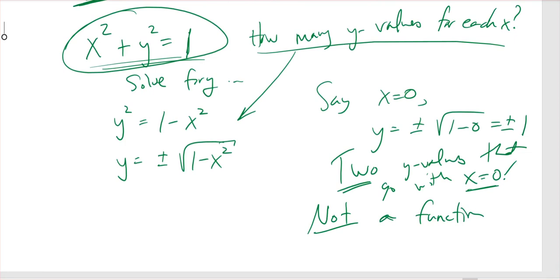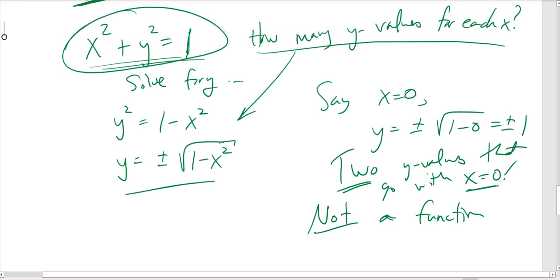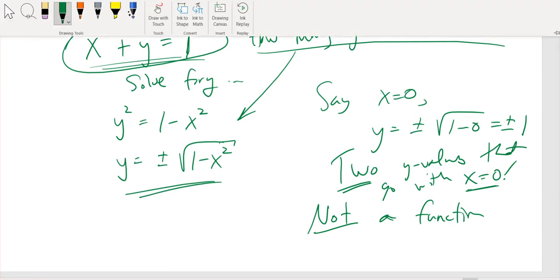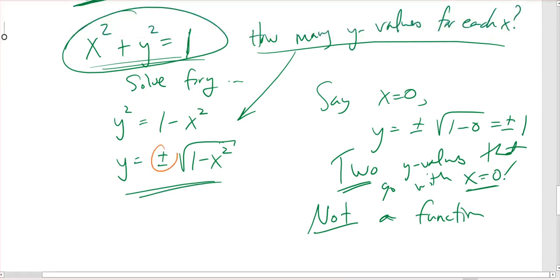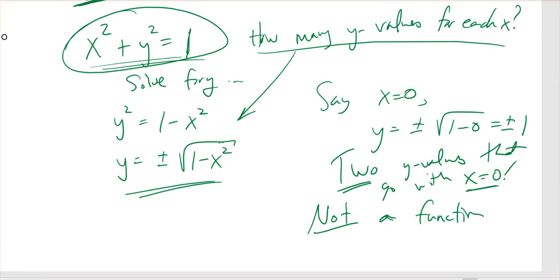Once we get to this point, we can see ahead what's going to happen. There are going to be x values that give us 2 y values. There are also x values that only give us 1, maybe say x equals 1.